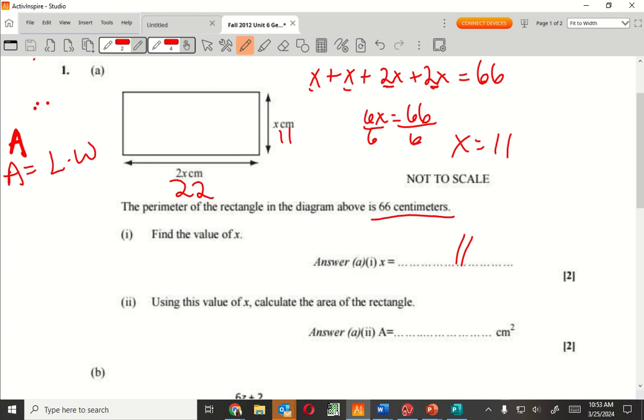So 22 times 11 is what? 242. How do you get 242? Length times width.